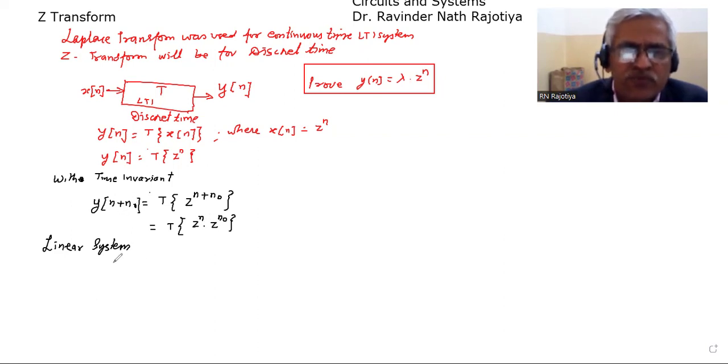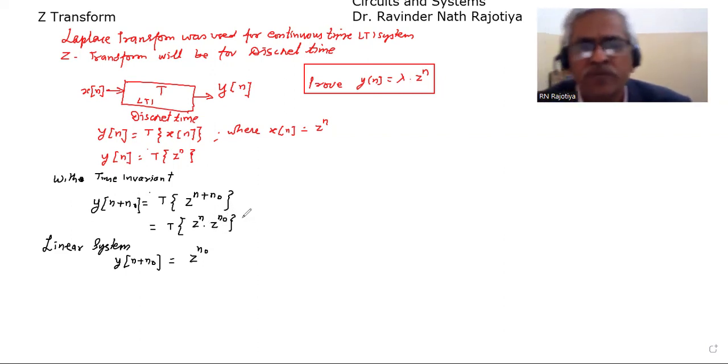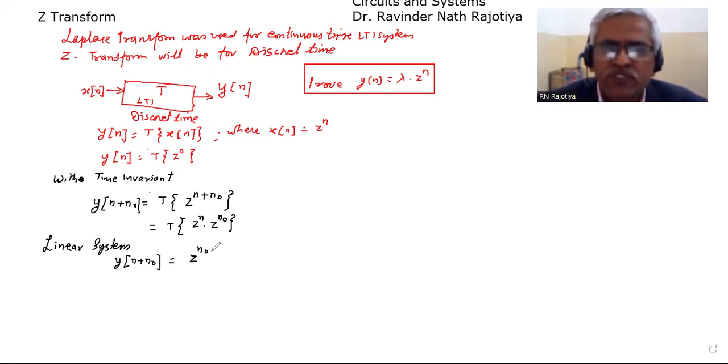So you will write y of n plus n0 as nothing but z power of n times the response to z power of n0, which is a constant term. You are shifting the discrete signal by some value, n0 equal to 1, n0 equal to 2, or some other value, so this is a constant. So I can write this as equal to z power of n.